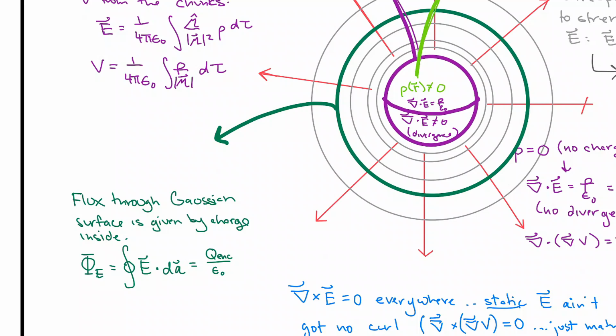If I can define a nice Gaussian surface where the electric field is constant at the surface, and also perpendicular or normal to my Gaussian surface, then I can calculate the flux through that surface, and it's going to be equal to the amount of charge enclosed divided by epsilon naught.